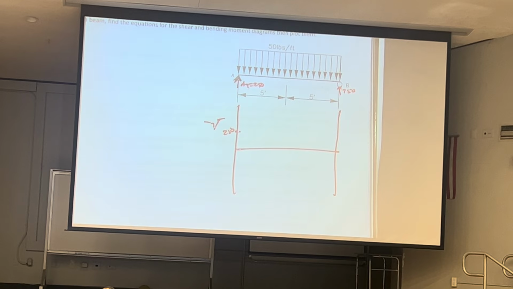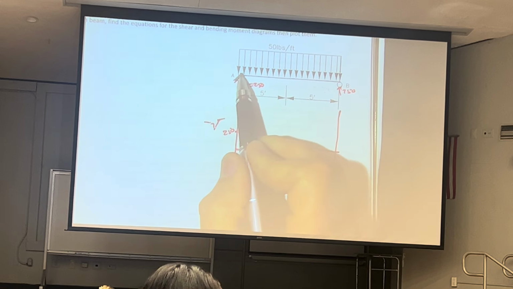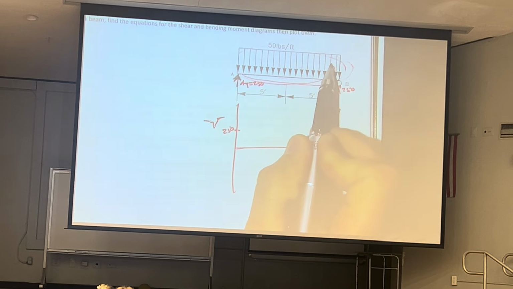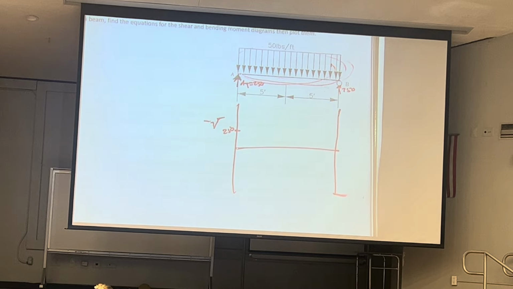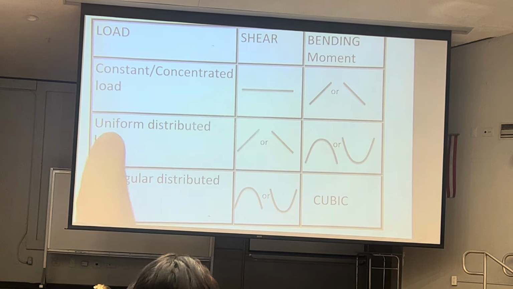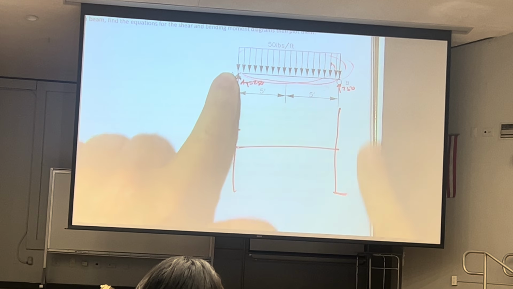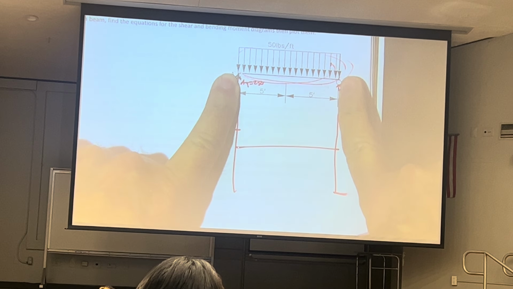Yes? Now what do I see right away? I see a distributed load. Correct? Uniform distributed load, that means my shear should be a line. That's what that means. That line is going to cover from A to B.